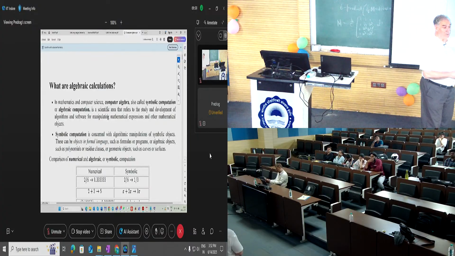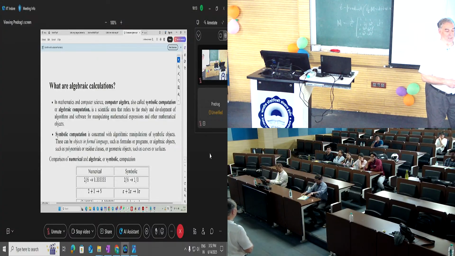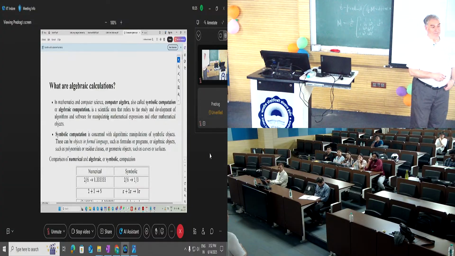So the objects of manipulation in symbolic computation are not only numbers. An object of manipulation can be a symbol, meaning one unevaluated object, or a formula. It can be a function, and we will be able to apply another function to our previously defined function.